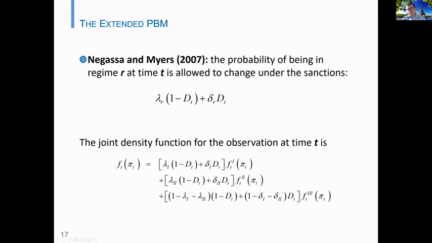And by comparing the two models and testing whether or not the restricted model, whereby the probabilities remain unchanged during the entire observation sample, holds, we get some indication as to whether there has been some change in behavior following the sanctions. So we're going to focus on the application.